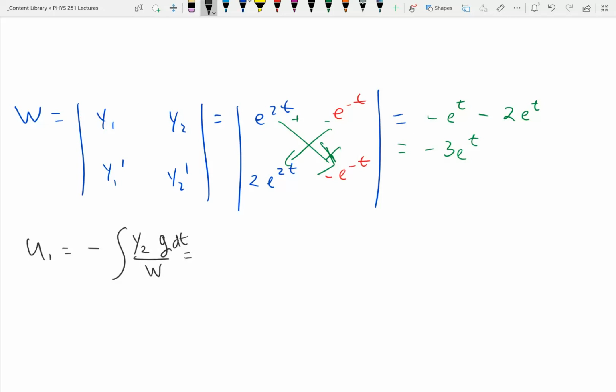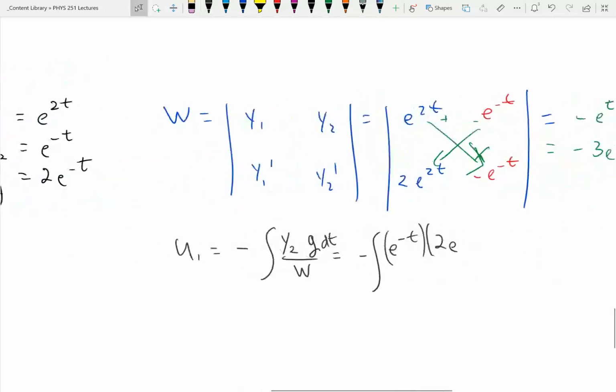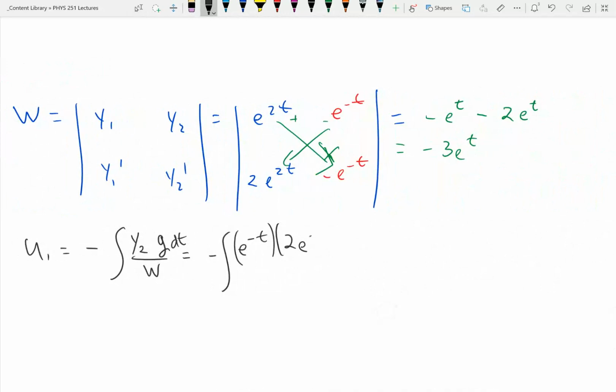Don't forget the dt. y2 was e to the minus t. g was 2e to the minus t.